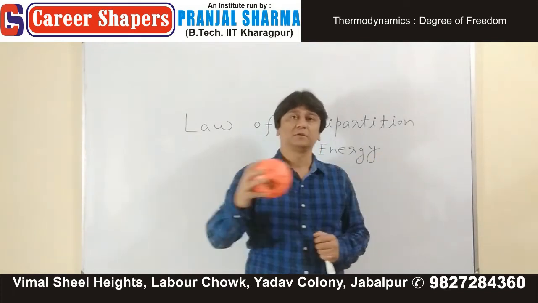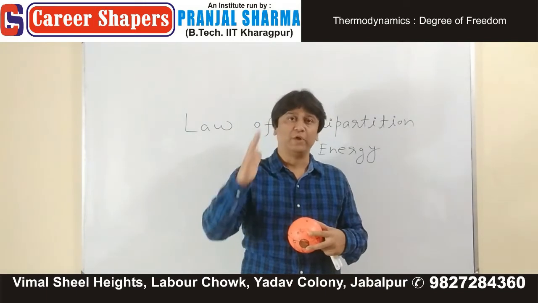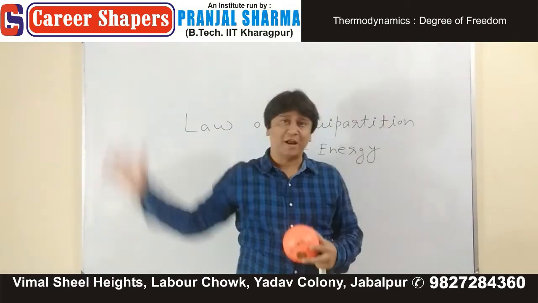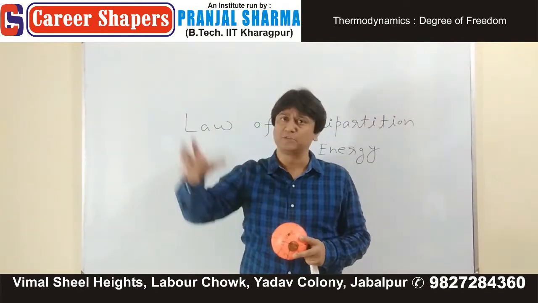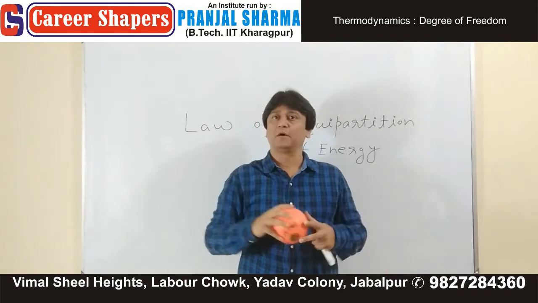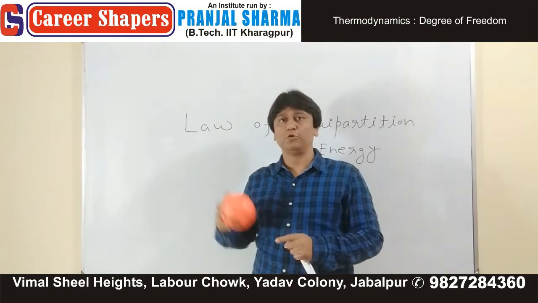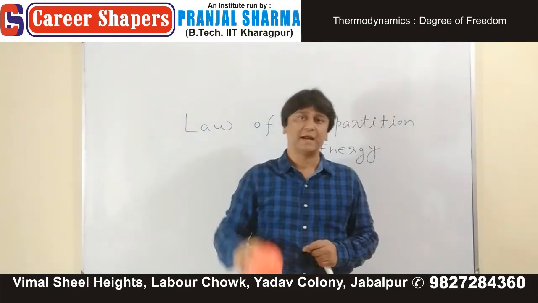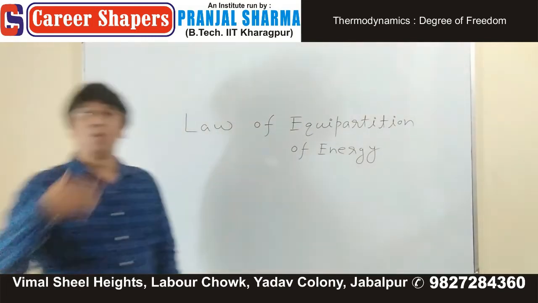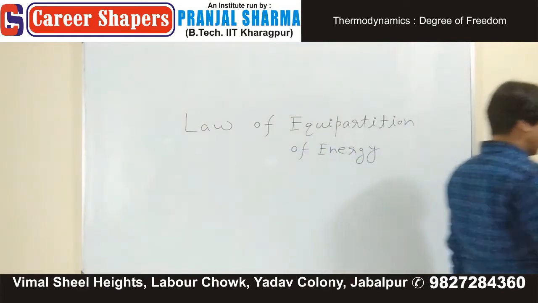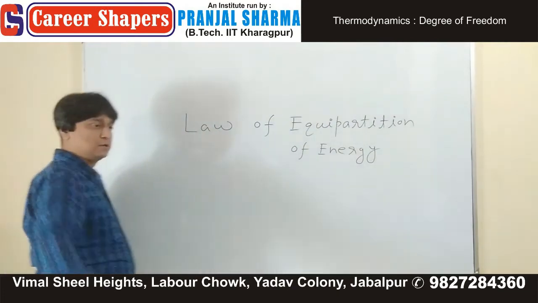If you take the component of the velocities along the x-axis of each and every molecule present in the container, and you find the kinetic energy, similarly you do it for the y-axis and then for the z-axis. My question is, in which direction are you going to find that more kinetic energy is present? Along the x, along the y, or along the z-axis? Answer this part fast.